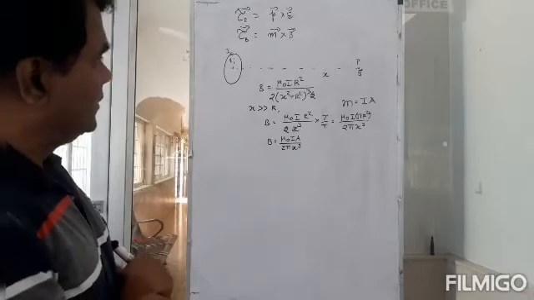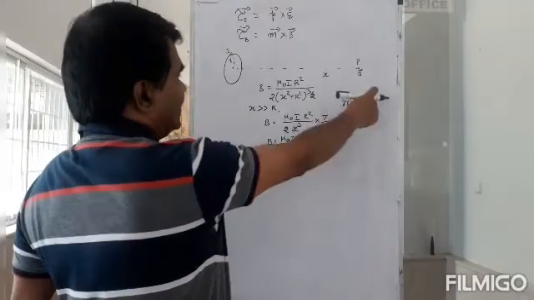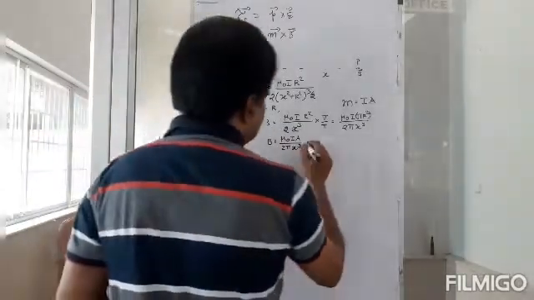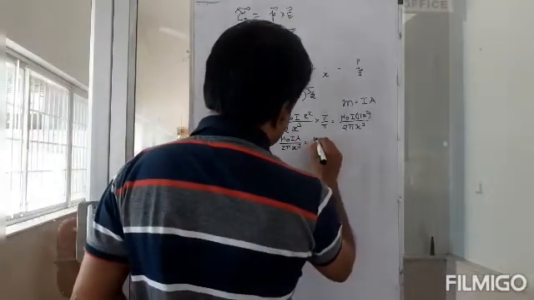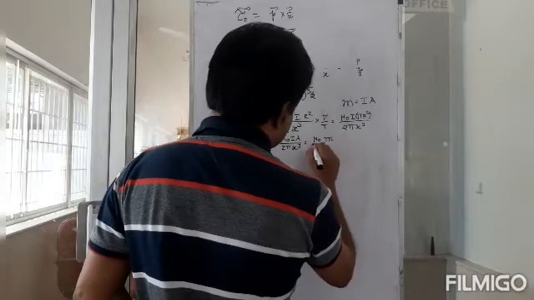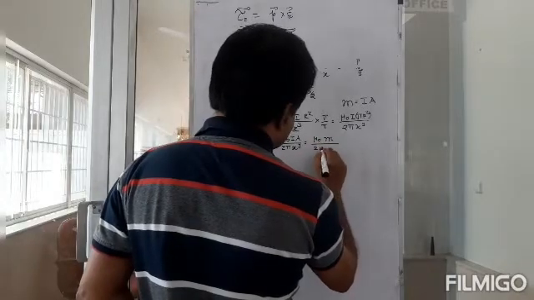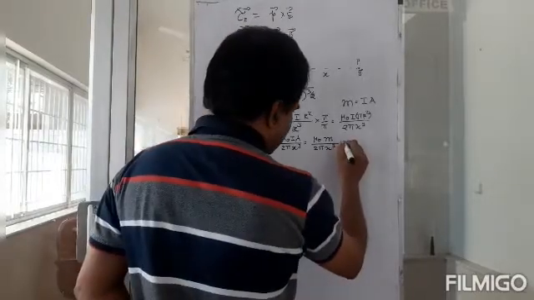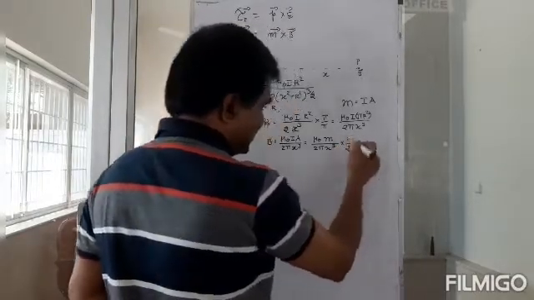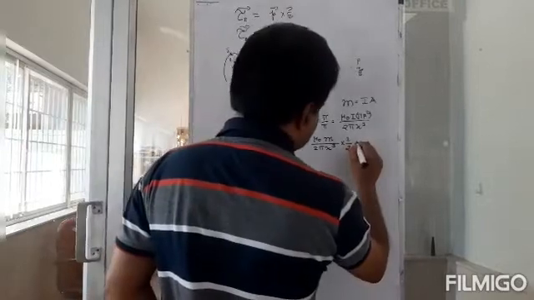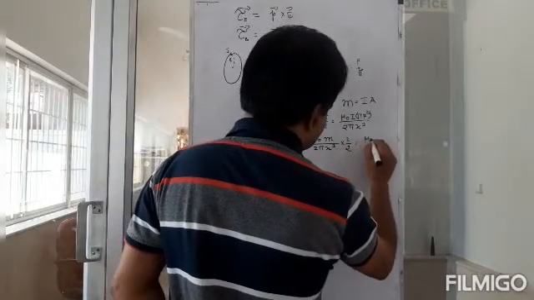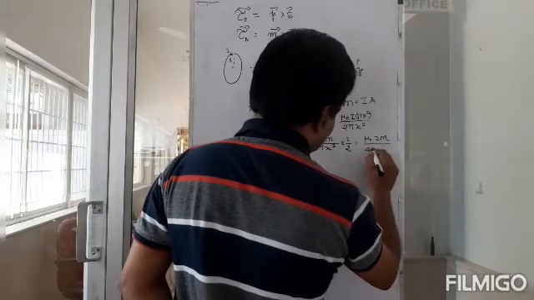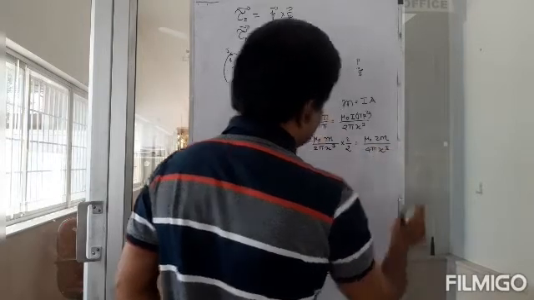So what is IA? IA is simply m, because n is 1 anyway. So that gives me mu naught m by 2 pi x cubed. And if I multiply this by 2 and then divide that by 2, then it gives me mu naught 2m by 4 pi x cubed.